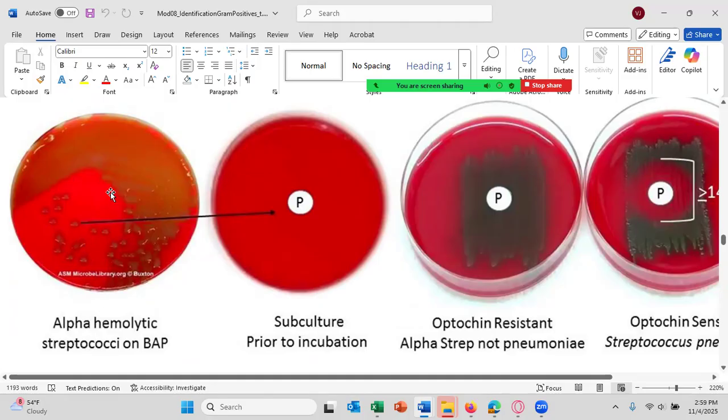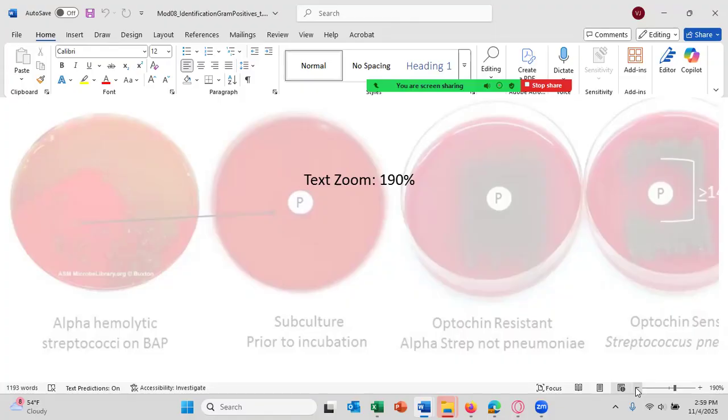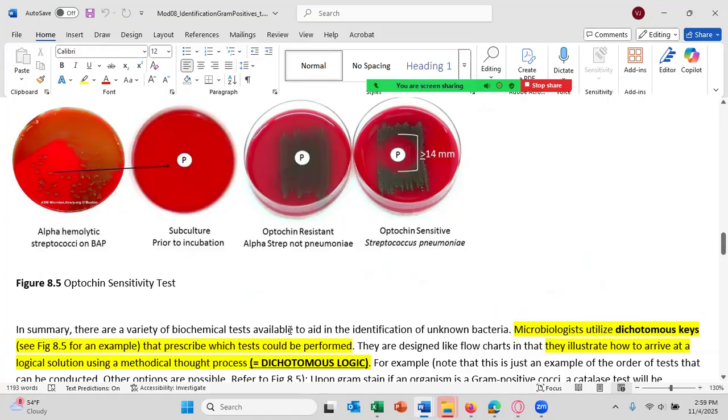You then take the bacteria and streak it in this region of a blood plate, and then stick on a paper disc containing the antibiotic Optochin. If the bacteria are resistant to the Optochin, they will grow right up to the paper disc, and that is not Streptococcus pneumoniae, because Streptococcus pneumoniae is sensitive to the antibiotic Optochin.